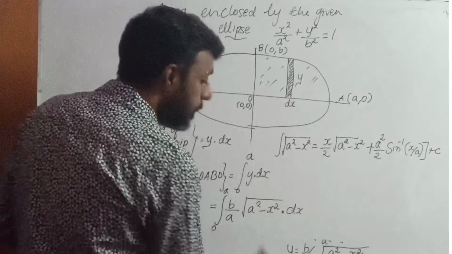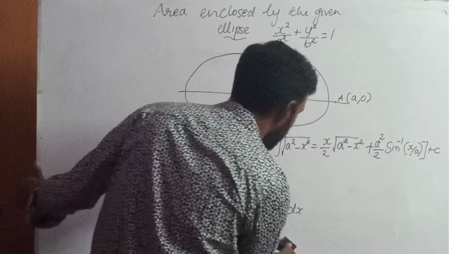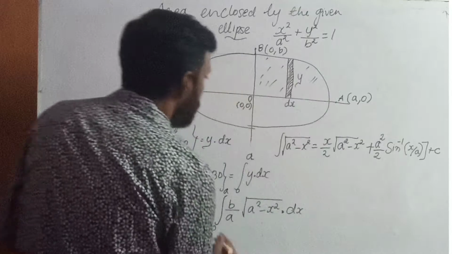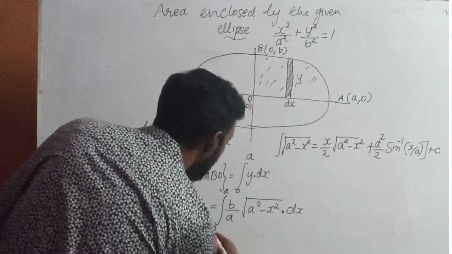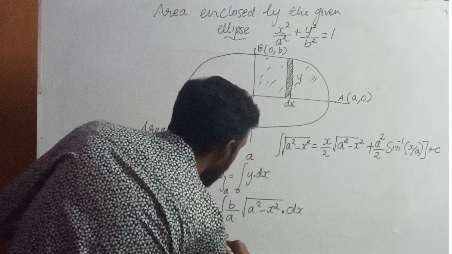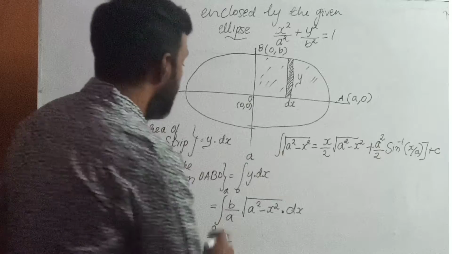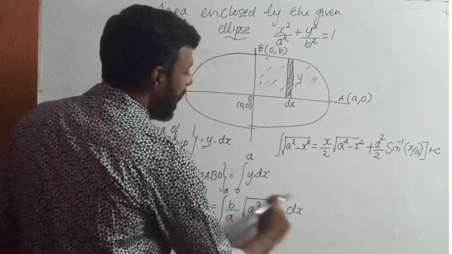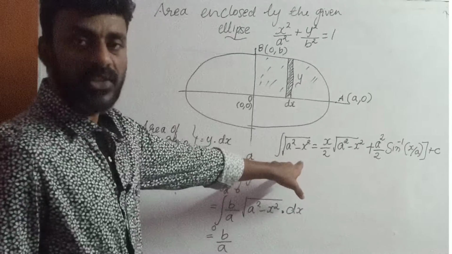So what I'm going to do is take this over here, so b by a I am bringing outside. Similarly, the integral of root of a squared minus x squared into dx will be there. For that I am using this formula.